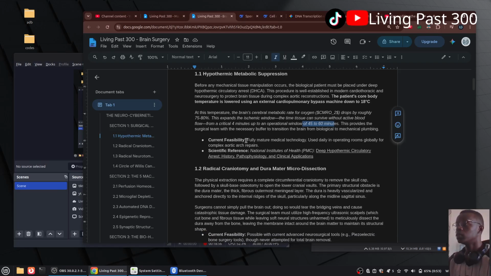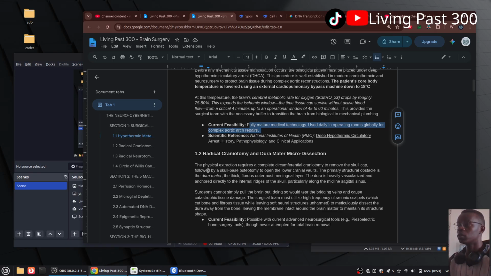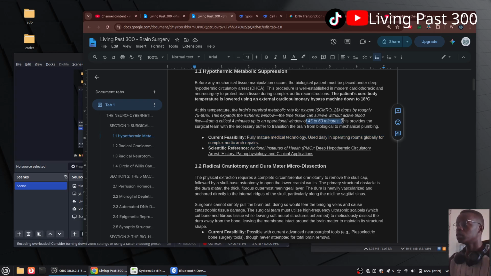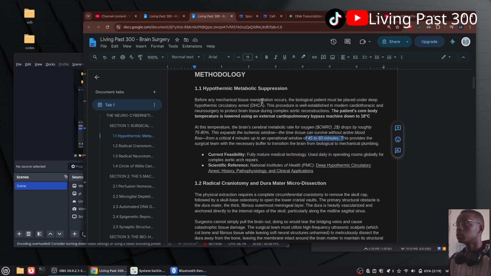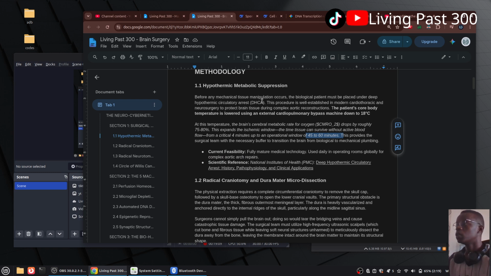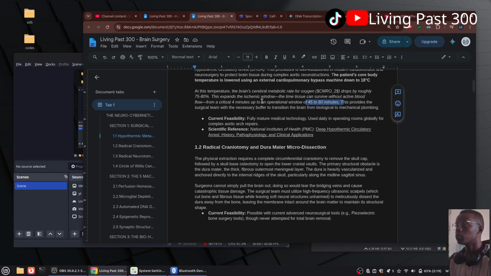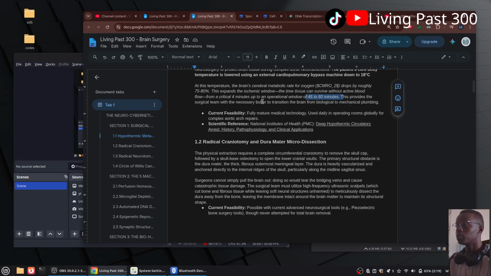And current feasibility of this is pretty much they're already using it. This is the medical references. And they do this to allow us 45 to 60 minutes so that we can transfer the brain from a patient: we disconnect his blood supply and connect to an external machine-based blood supply.